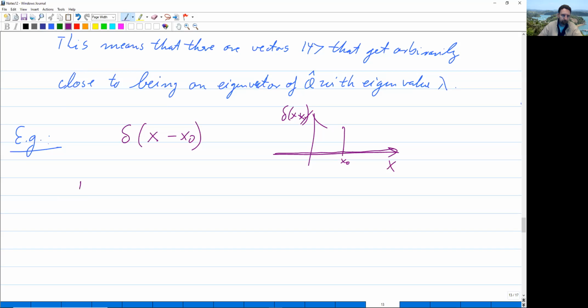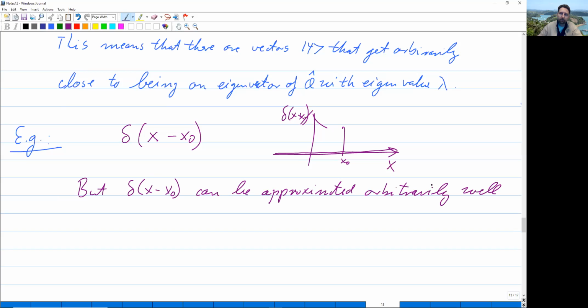But delta of x minus x naught can be approximated arbitrarily well by the function epsilon divided by pi times 1 over x minus x naught squared plus epsilon squared.